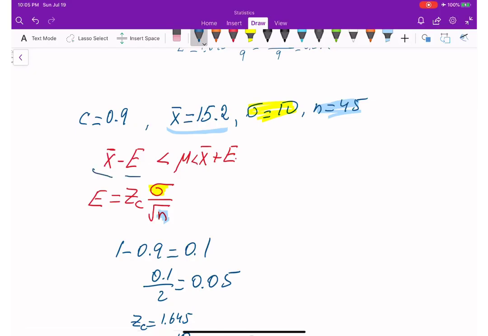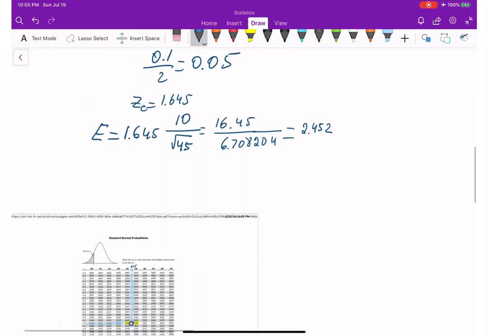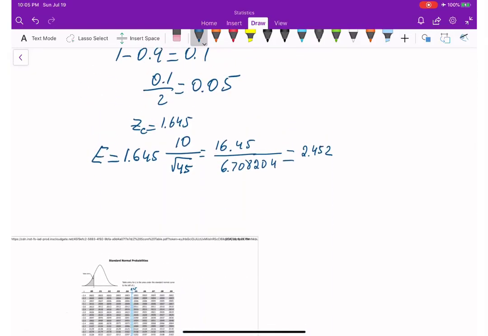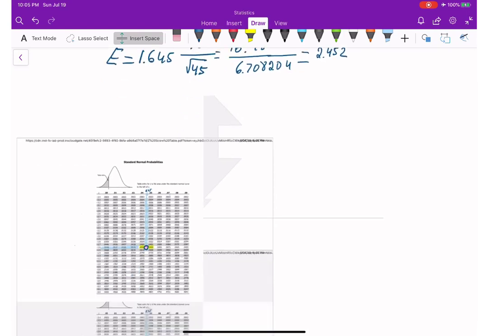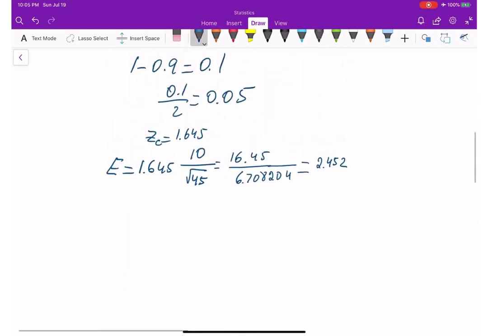Since x bar is given with 1 decimal, highly likely they will need our margin of error also with 1 decimal. So if I round it up, I'm going to get 2.5. So you are looking at the numbers that you are going to use with your value that you just calculated.